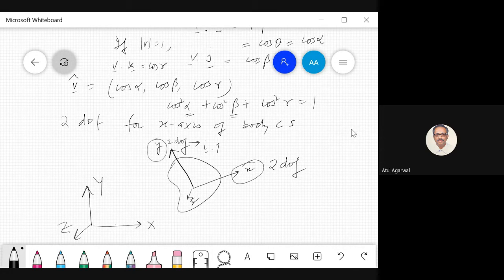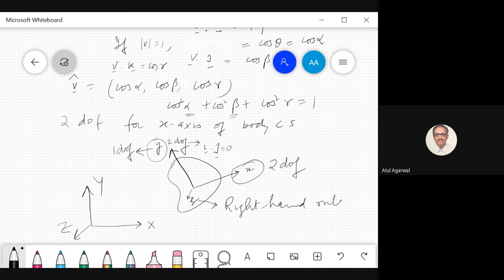So I dot j is equal to 0. If two vectors are perpendicular, their dot product is 0. So what is the degrees of freedom for y? Only 1 degree of freedom. Once you have the x and y axes, the z direction is given by the right hand rule.